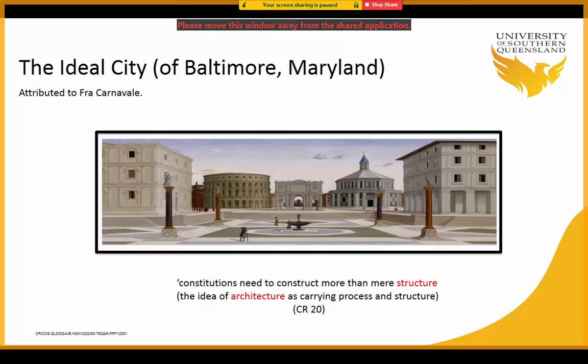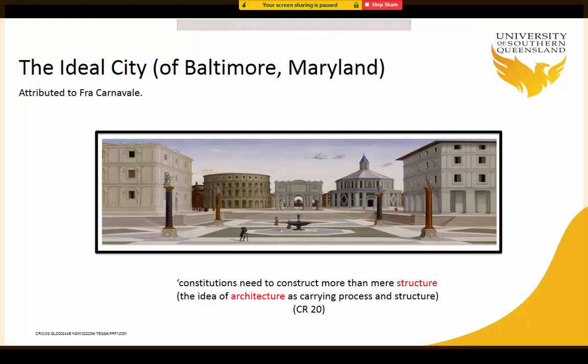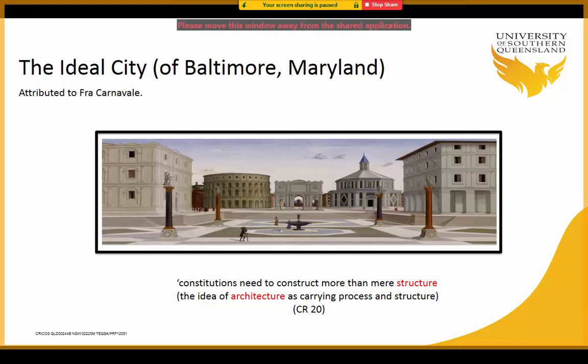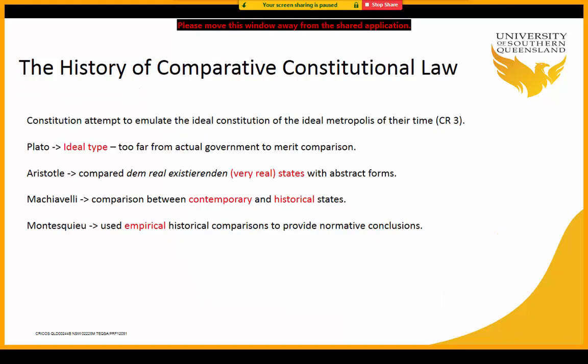Or is it the same place? Are these two constitutions you're looking at, for example, in your first assessment when you look at Australia and Canada? Okay? Are these two countries in relation to subsidiarity and federalism, okay, functionally equivalent? Okay. There's a lot about the history of the comparative constitutional law movement.